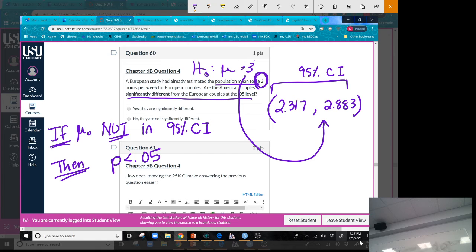If our hypothesized value is not in that interval, then we know the p-value will be smaller than 0.05. And the reverse is true. So what if the hypothesized value is in the confidence interval? Then it's going to be not significant. The p-value will be bigger than 0.05.